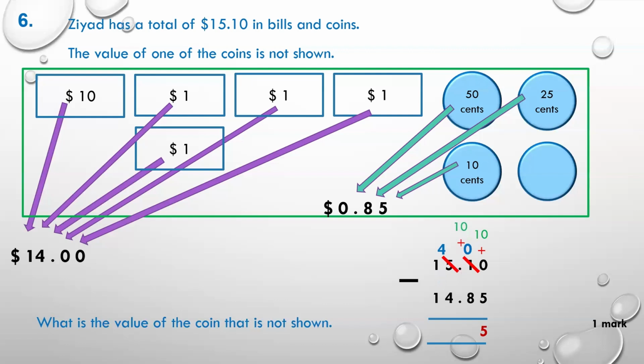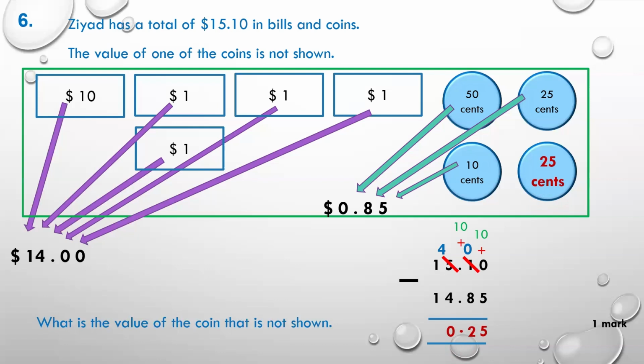So that means we have 10 and 0, which is 10 10 cent pieces, minus 8 10 cent pieces will be 2 10 cent pieces. And of course, we have a decimal point. And if we look at what we have on top, 14 minus 14, that's 0. So that indicates that what is missing is a 25-cent piece.